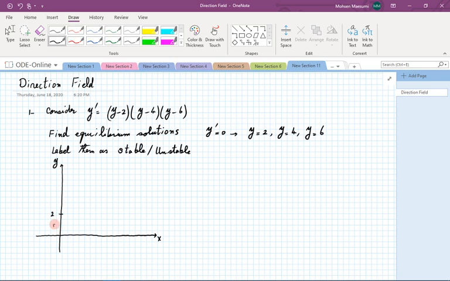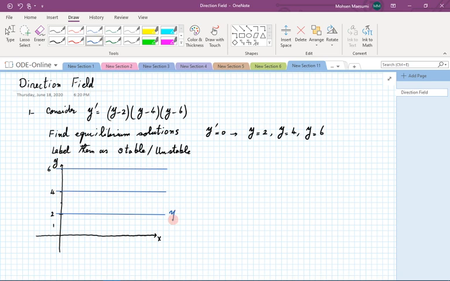So this is 1, 2, 3, 4, and 6. So my equilibrium solutions, one of them is this one, the other is this one, and the third one is this.